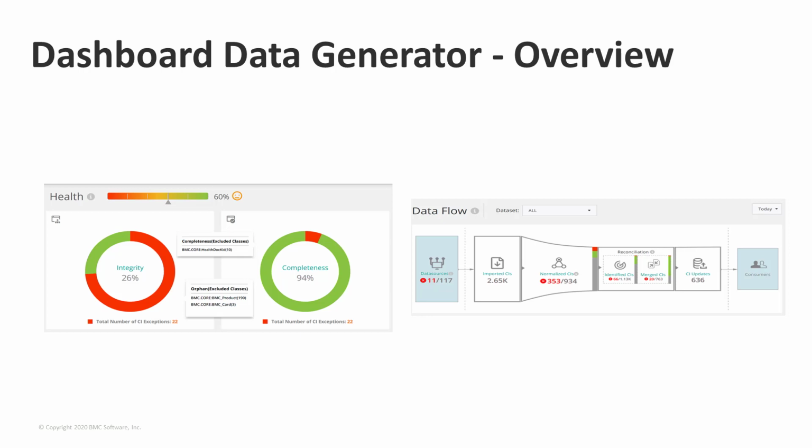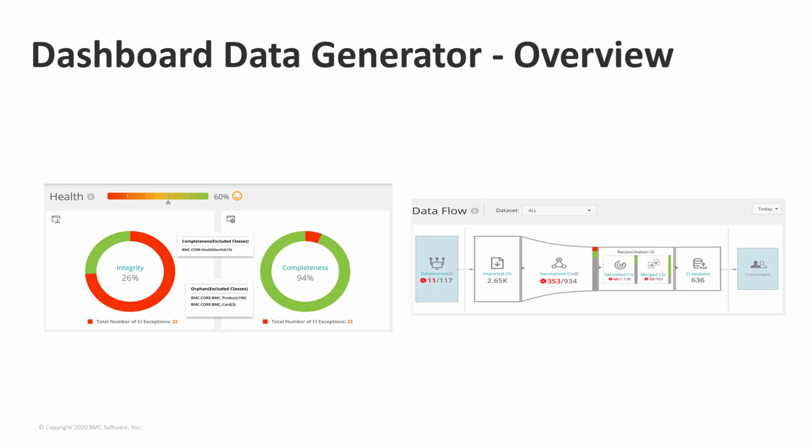Now, under the data flow section, on the right, you can click data sources to view the details of the classes and datasets that were excluded for data source utility processing. The dashboard component displays different values, such as the number of failed and normalized CIs, the number of data sources, and so on.